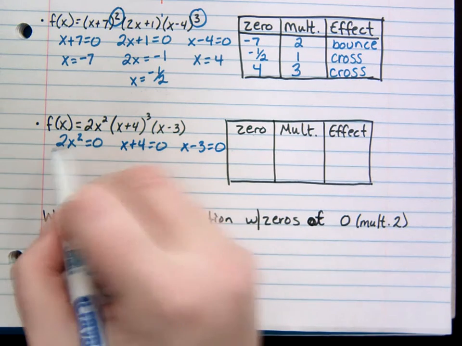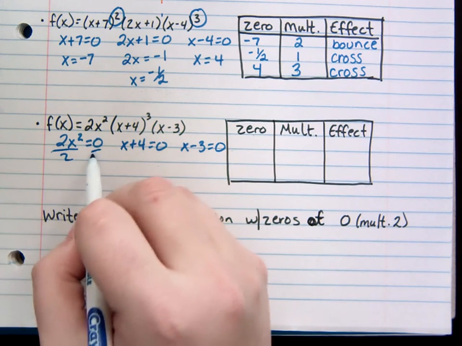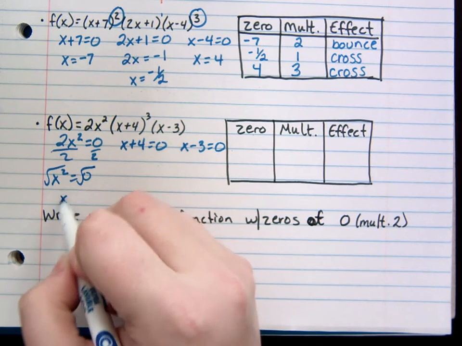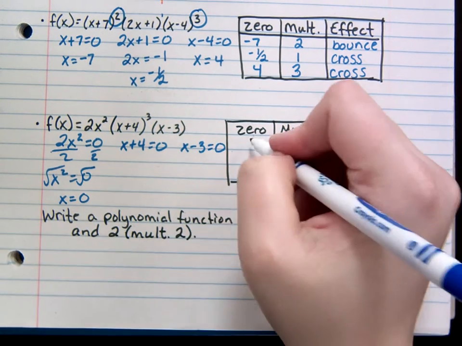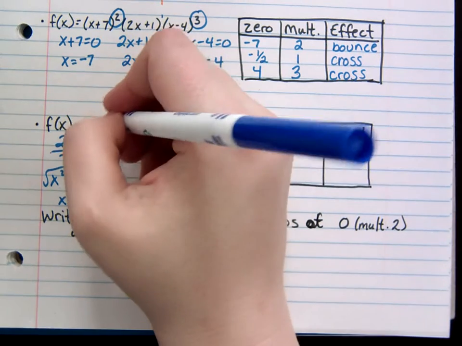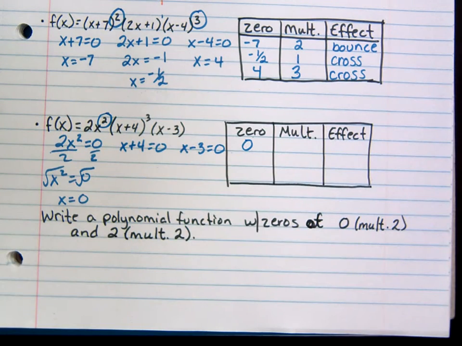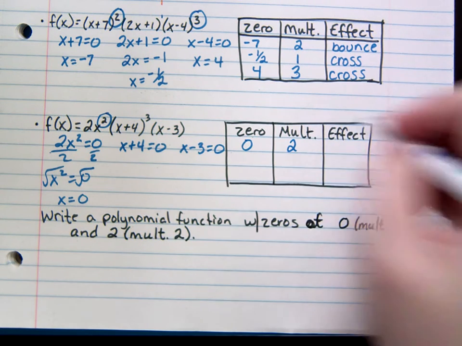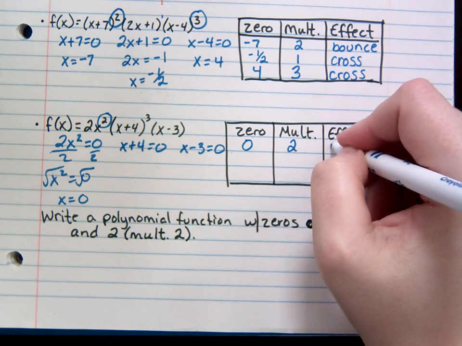On this one, you divide off the 2, which gives you x squared equals 0, and then take the square root, you still get 0. Now the multiplicity of this one is 2. This is an even number, so it bounces.